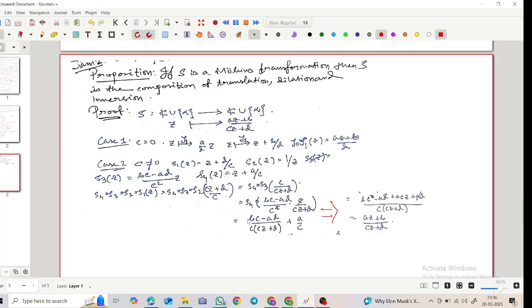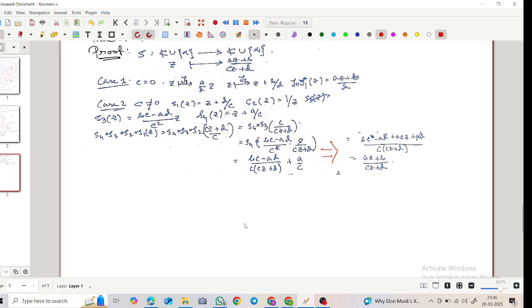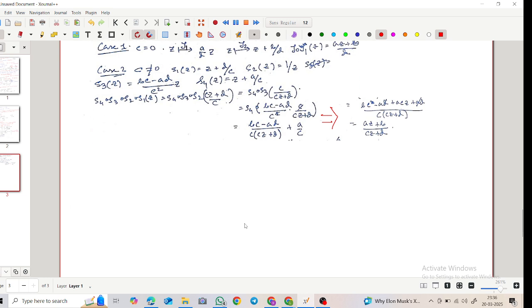So what about fixed points? Fixed points of a Mobius transformation.